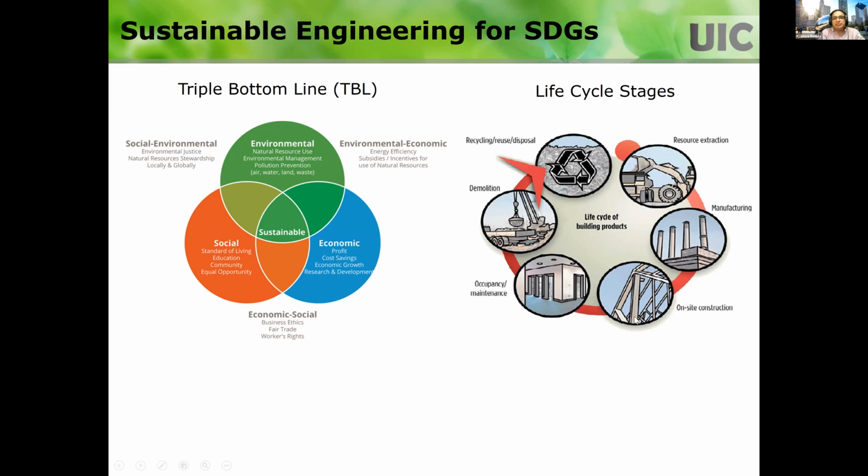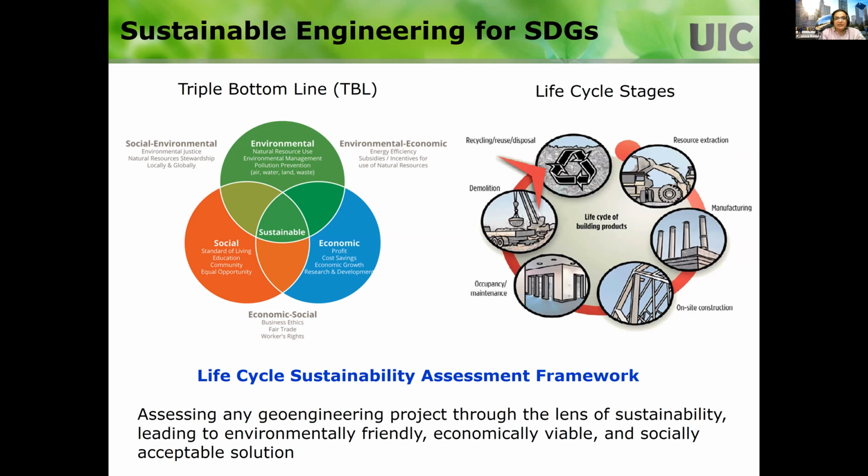So we need to look at impacts at every life cycle stage. That gives you the true picture. And this kind of assessment is called life cycle sustainability assessment. And this is how every project needs to be looked into going into the future.